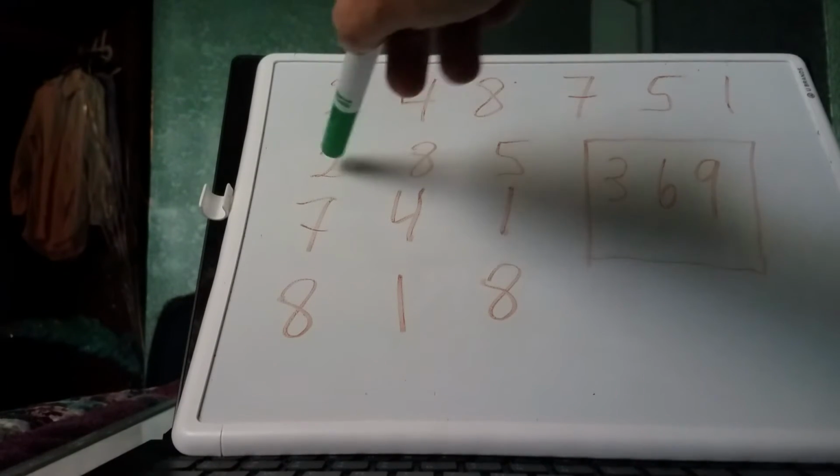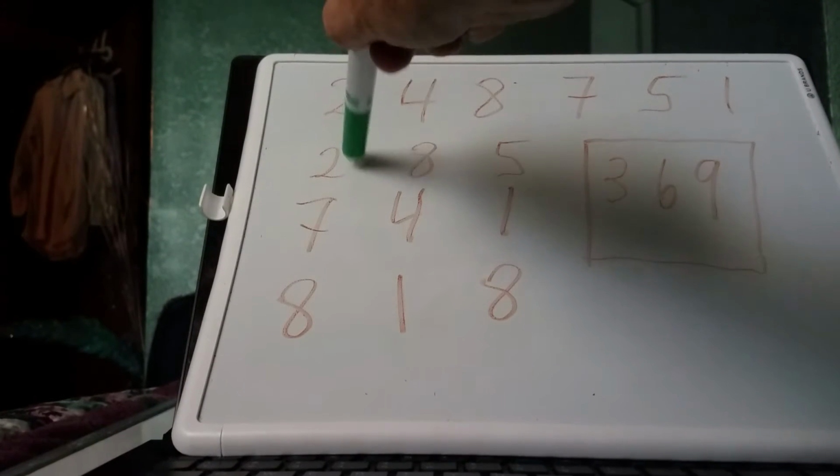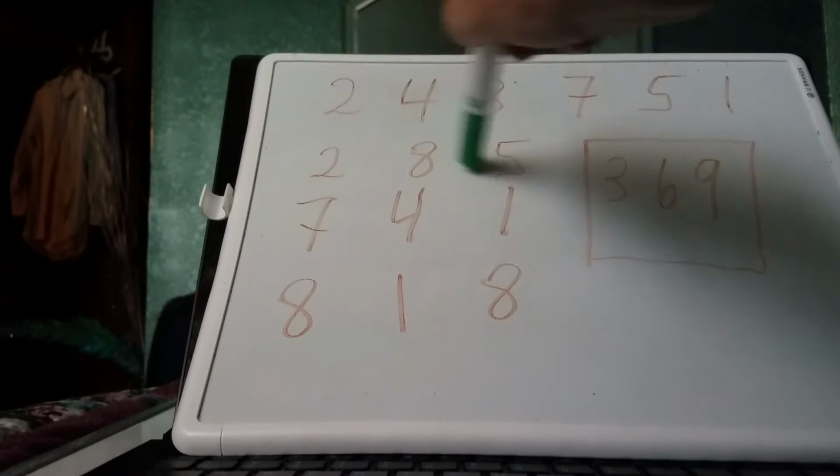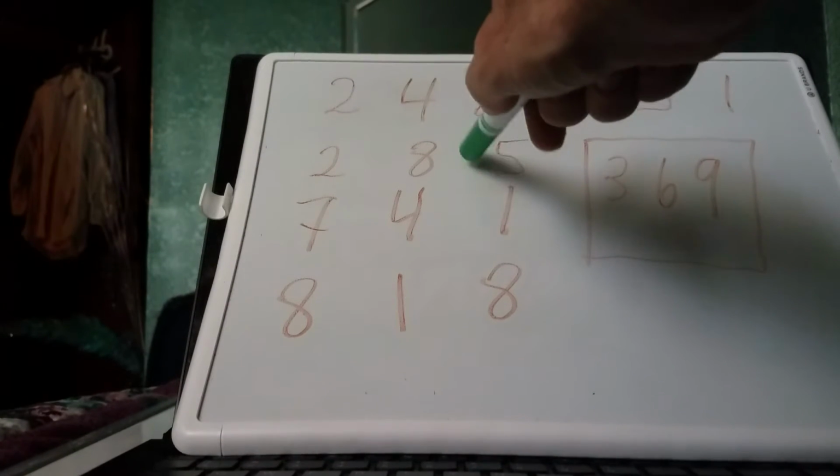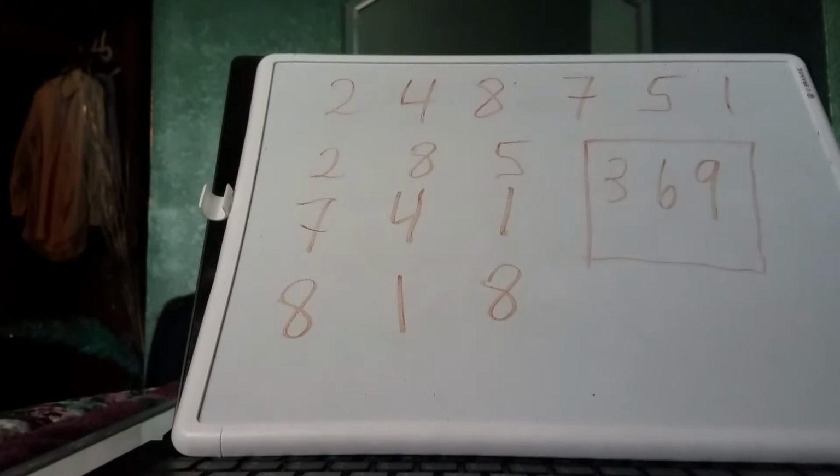It's 2 to 8 is 6, and 2 to 5 is 3. So that's the 3, 6 that comes into play. And if we go 2 to 5, it's plus 3, and 5 to 8, it's plus 3. So it's 3s and 6s built in.